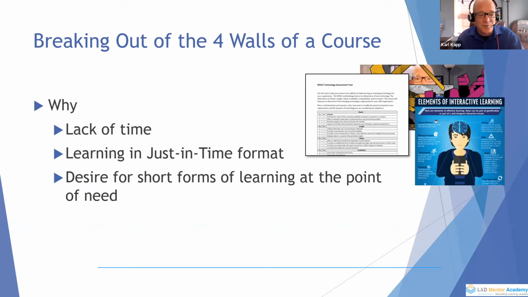But we do prefer shorter, quicker views of data and information. And you've probably found yourself more comfortable now with multiple forms of data than ever before. We'll watch TV and scan our phone at the same time. So we're very used to quick doses of information. And then finally, desire for short forms of learning at the point of need, as I talked about.